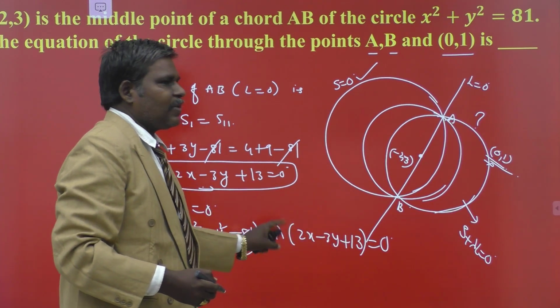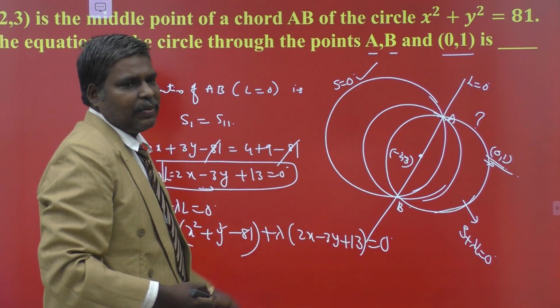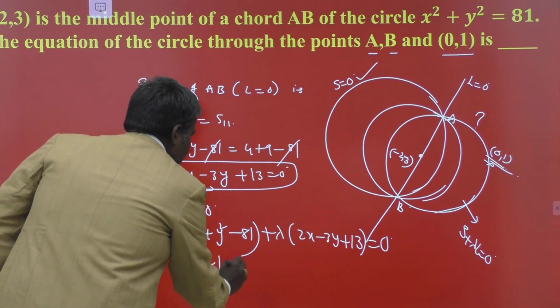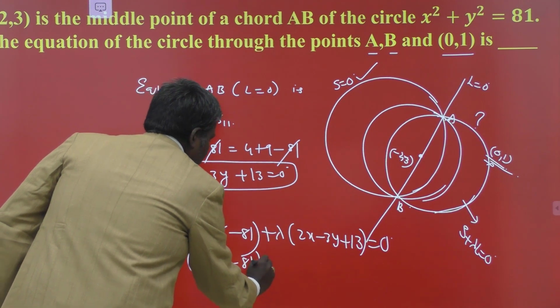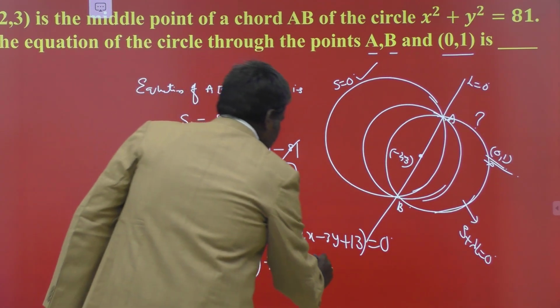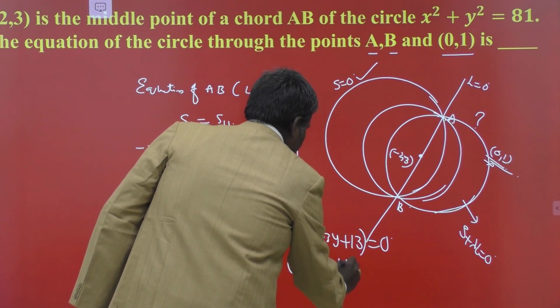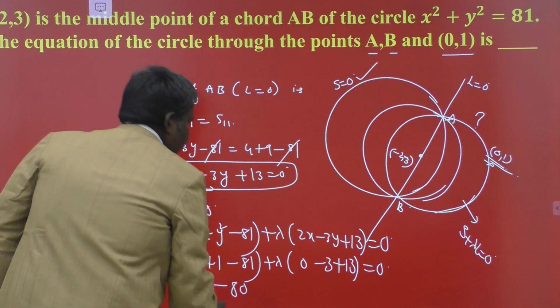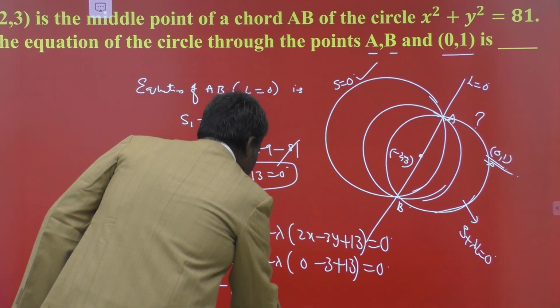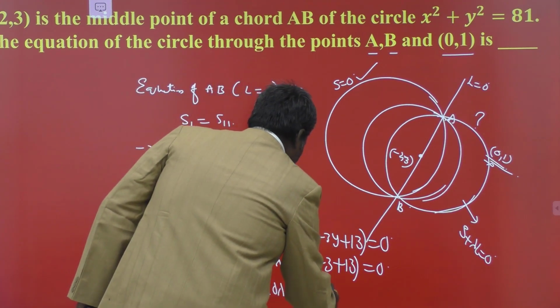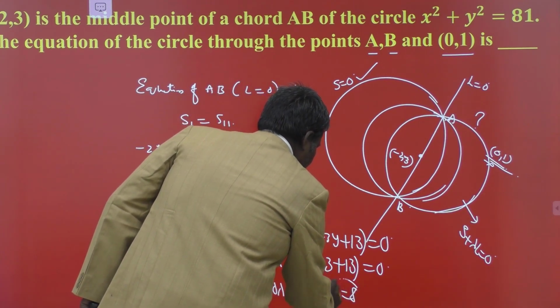You get the value of lambda. Substitute lambda in the above, and we obtain the required answer. 0 plus 1 minus 81 plus lambda times (0 into 2, 0 minus 3 plus 13) is equal to 0. That is minus 80 plus 10 lambda equal to 0. So the value of lambda becomes 8.